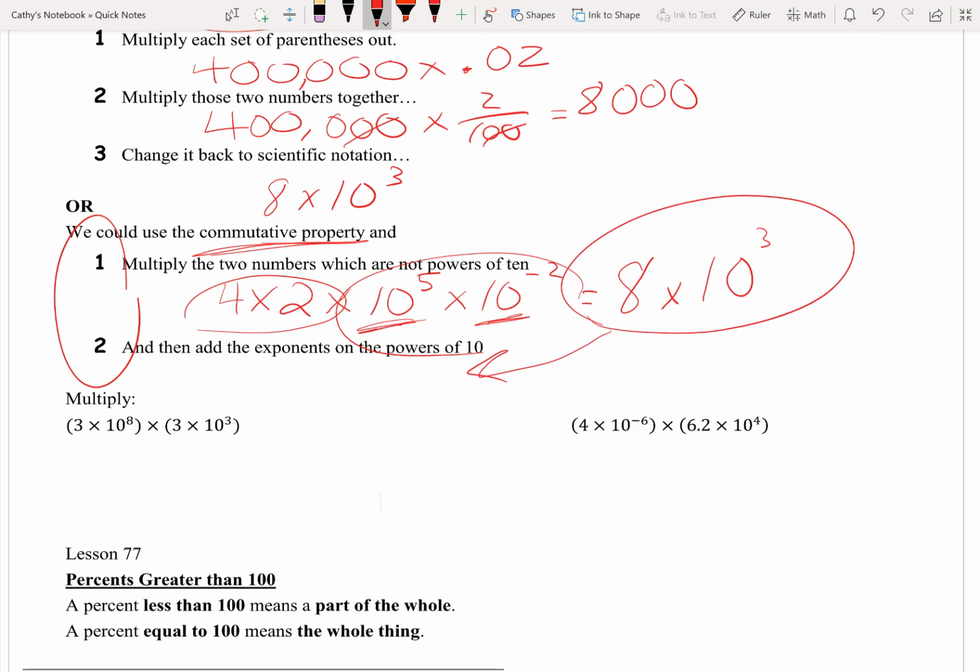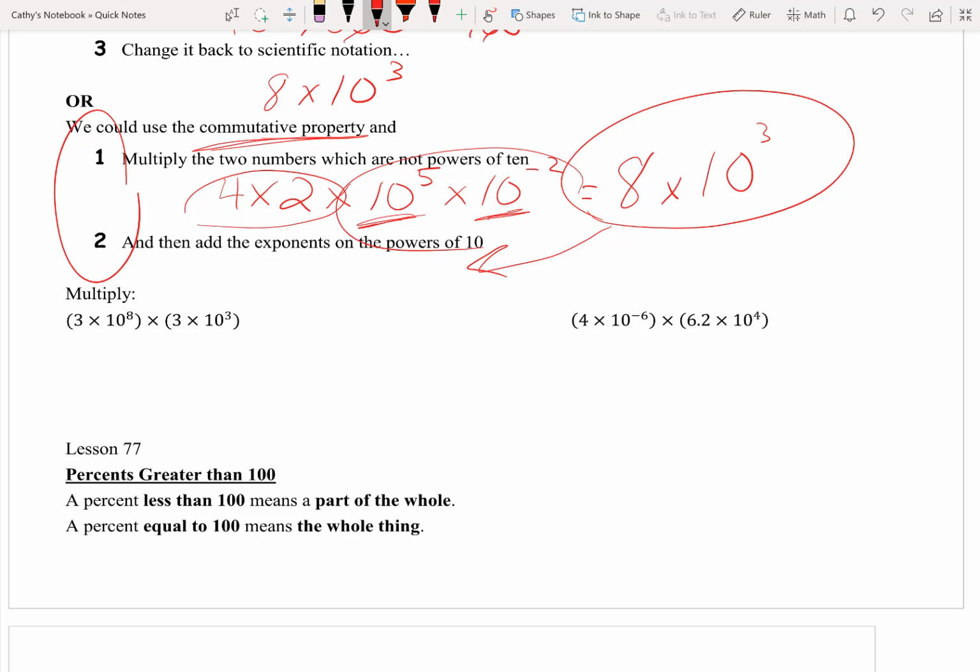All right, so here's another example. You've got 3 times 10 to the 8th times 3 times 10 to the 3rd. Rearrange it. 3 times 3 times 10 to the 8th times 10 to the 3rd. Multiply the 3 times 3 to get 9. Add the exponents on the 10s. 8 plus 3 is 11. So 10 to the 11th power. And you're done.